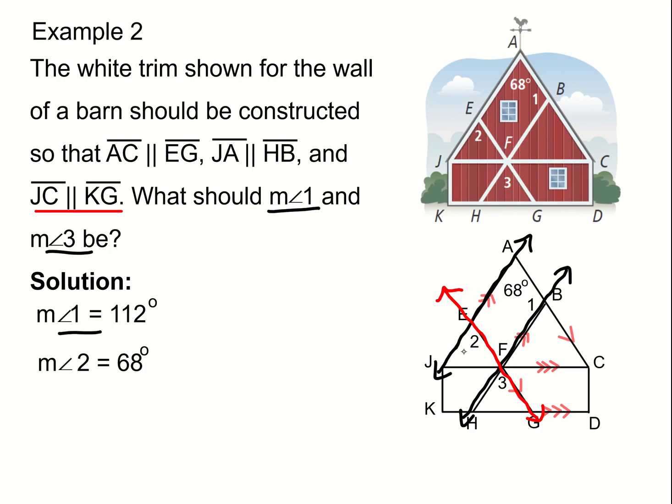Well, now we know that angle 2 is actually equal to 68 degrees. And so you can see that angle 2 and angle 3 are actually corresponding angles because they're both below the black line and they're both to the left of the red line. And so angle 3 has to be 68 degrees as well by the corresponding angles postulate. And so we can say that this is also equal to angle 3, which is 68 degrees.